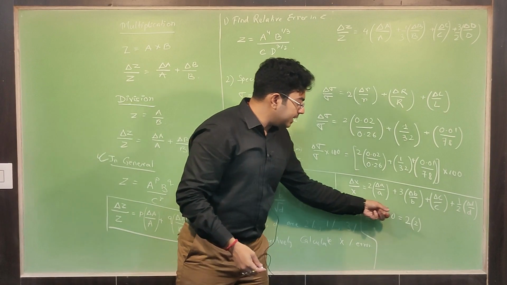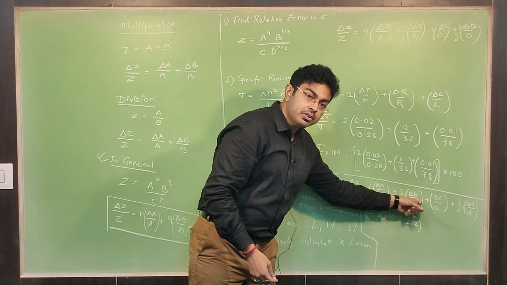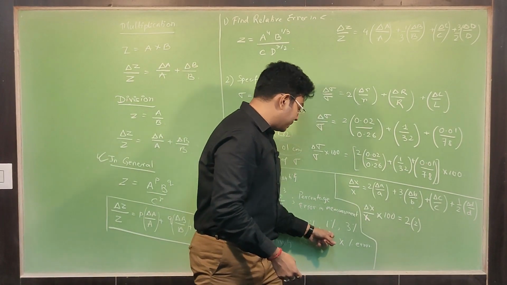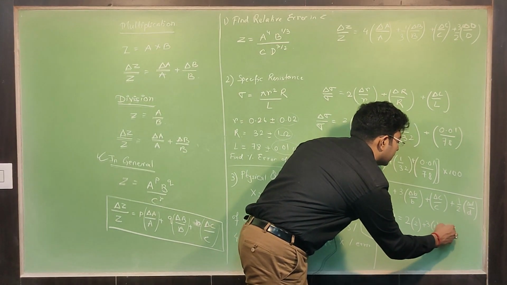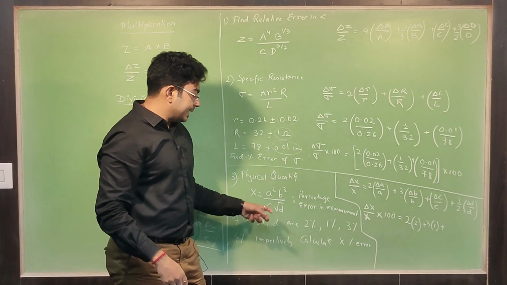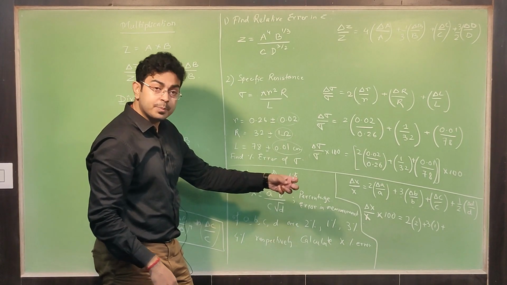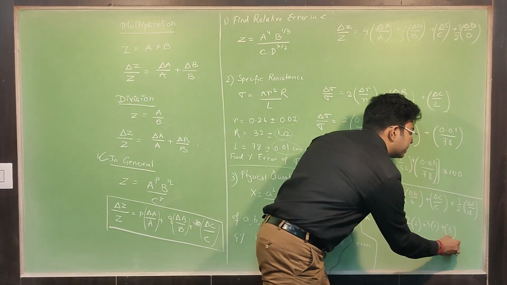Similarly, when we have multiplied 100, we are going to get 3 into delta b by b into 100. So what is the percentage error of b? 1%. Plus delta c by c. What is the percentage error of c? 3%. So you have already multiplied with 100, so you are getting 3%.